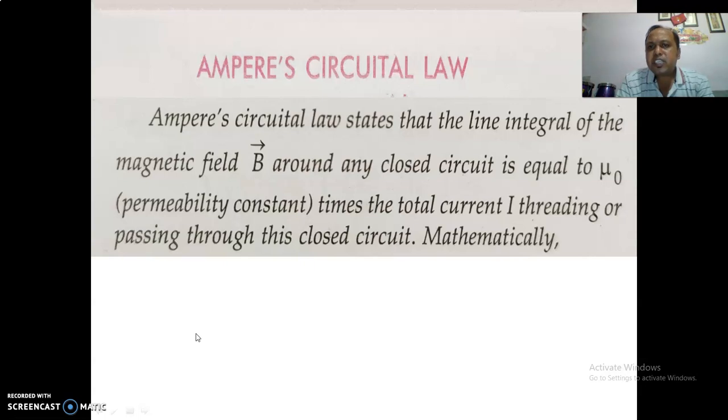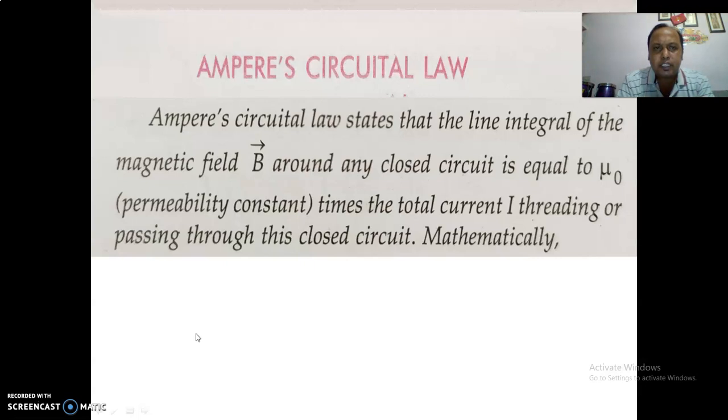Ampere Circuital Law states that the line integral of magnetic field around any closed circuit or loop is equal to mu naught times the total current threading or passing through this closed circuit or loop.